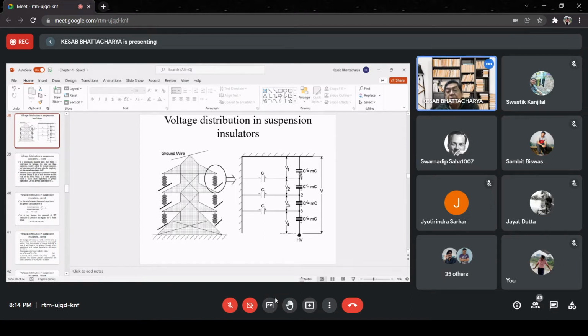Yes. If we consider these nodes 1, 2 or 3, they are not connected to any supply system or source of energy directly. But this node is directly connected to the high voltage electrode. So at this node, there will be continuous supply of charges. But at this node or this node, what will be the net charge?